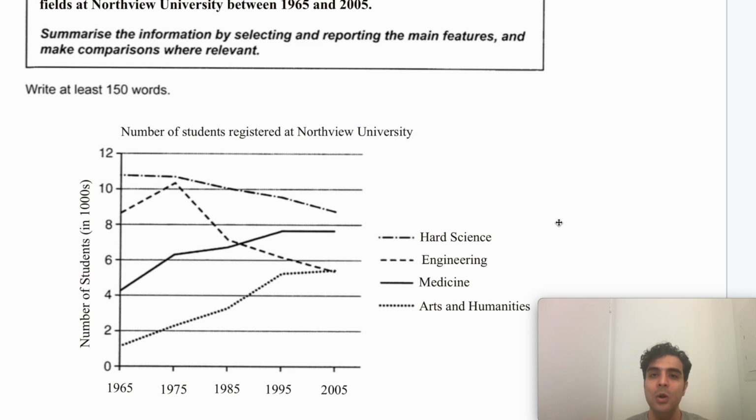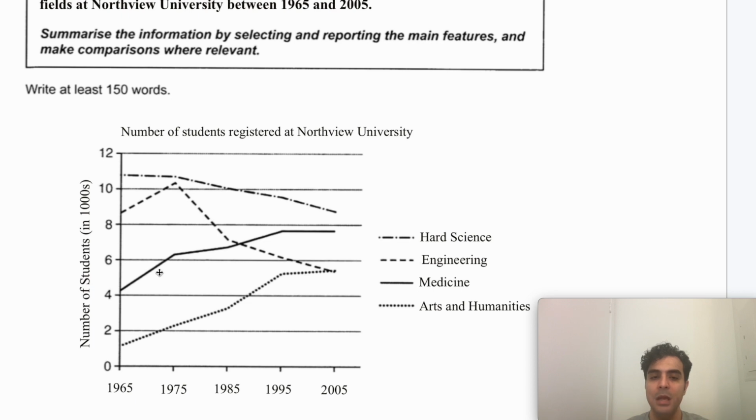So what can I do? I can bundle or group these variables together, ideally based on some kind of rationale. For example, I can see in this line graph that the number of students enrolled in hard sciences and in engineering majors has fallen from 1965 to 2005.